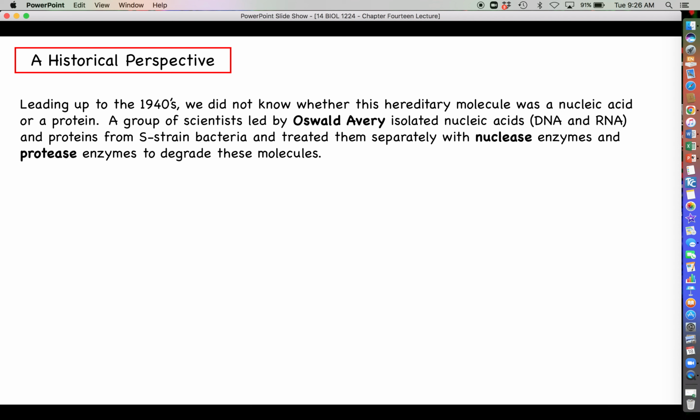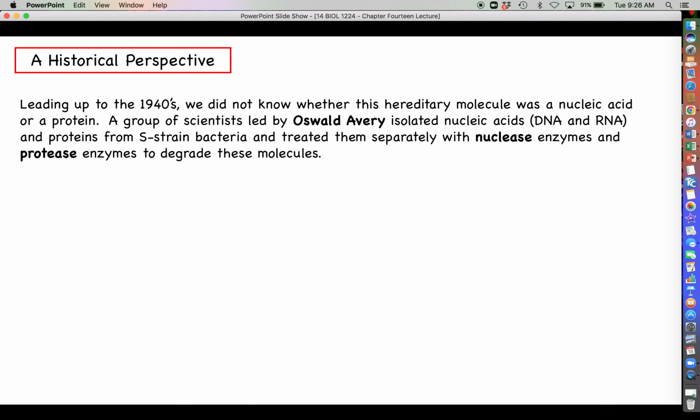So, the next important set of experiments to distinguish between these two possibilities was led by a group of scientists led by Oswald Avery. And what he did is he isolated nucleic acids, so both DNA and RNA, and he isolated proteins from that same S strain bacterium. So on the one hand, we have isolated nucleic acid, and on the other hand, we have isolated protein.